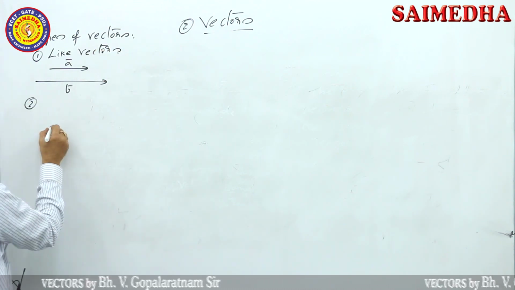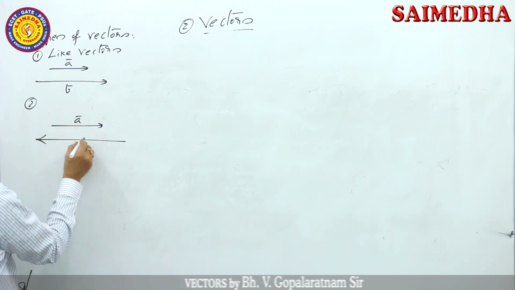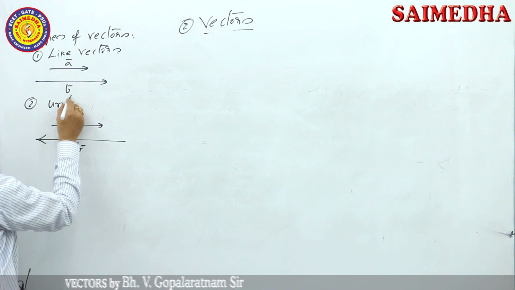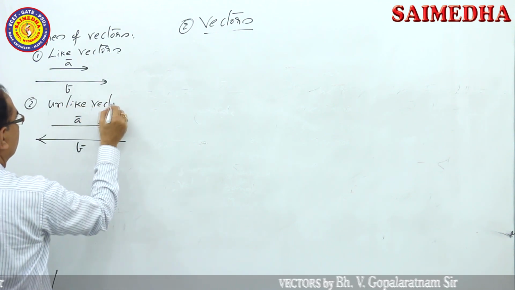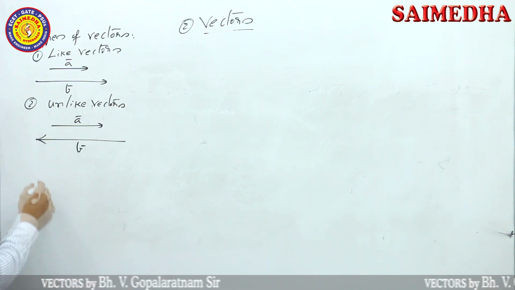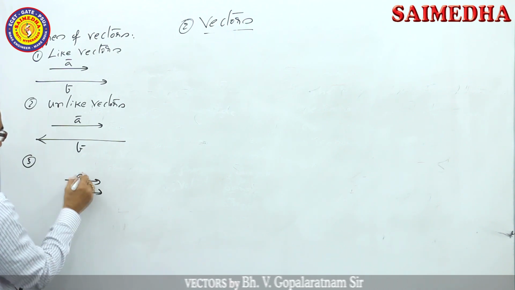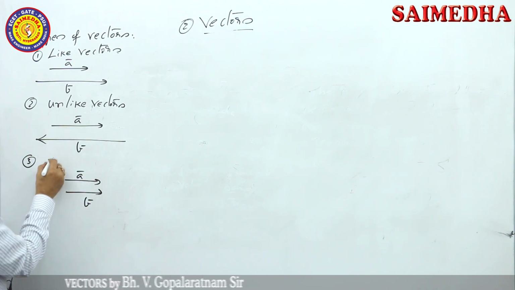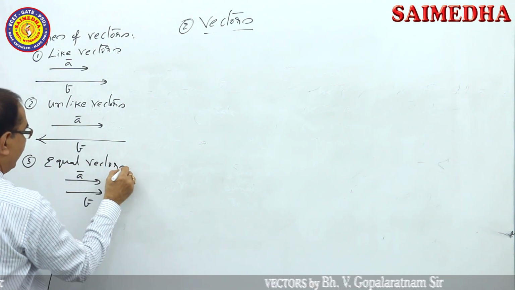And two vectors that have different magnitudes and opposite direction are called unlike vectors. And two vectors that have the same magnitude and same direction are called equal vectors, equal in magnitude and direction.